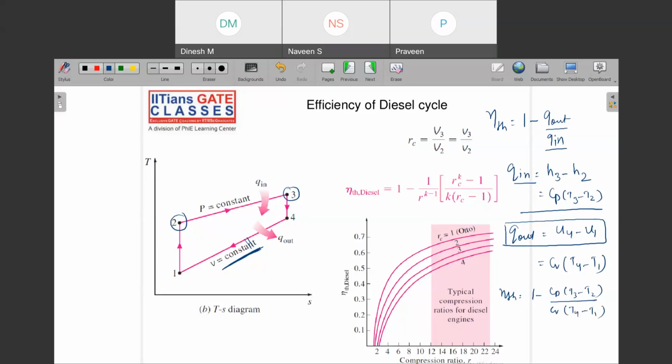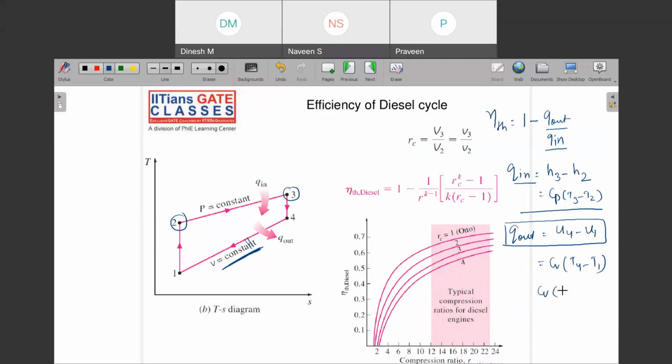Now this Cp upon Cv is nothing but gamma. Oh, sorry, Cv value will be here now. See, Q out should be in the numerator.